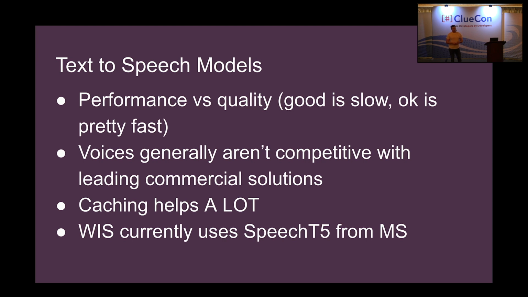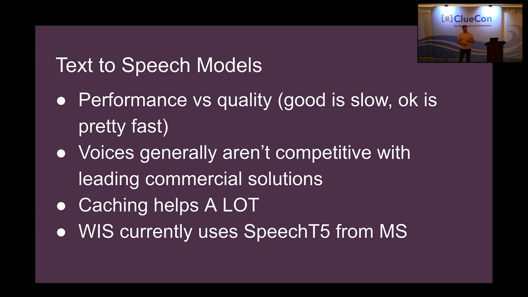The open text-to-speech models are a little rough. There are voice quality issues. There are speed issues. And generally speaking, compared to an Azure Cognitive Services voice or some of these other highly optimized neural approaches, they sound or can sound relatively robotic relative to those highly polished commercial solutions.